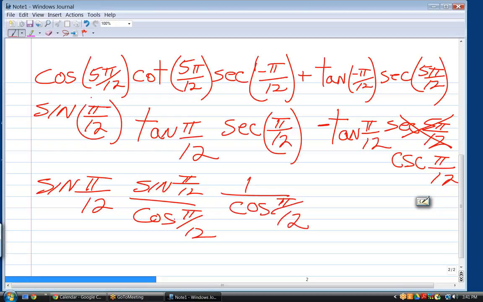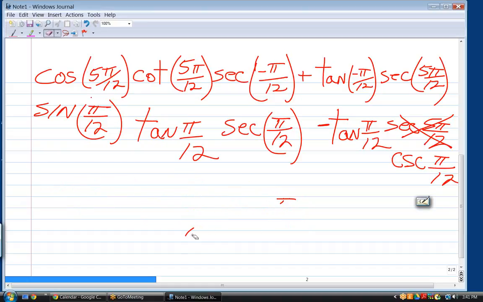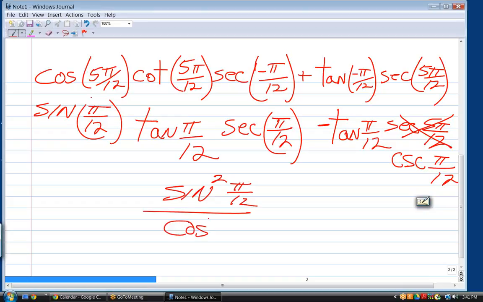And what does all of that become? It becomes sine squared pi over 12 over cosine squared pi over 12, right? We'll write it out first of all.